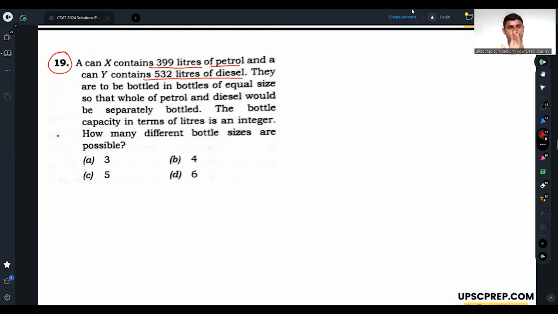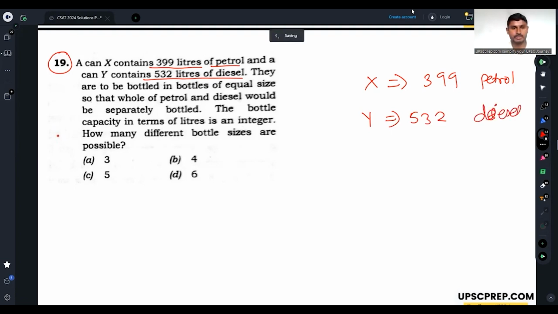A can X contains, जो can X है, it is containing 399 liters of petrol, and can Y is containing 532 liters of diesel. They are to be bottled in bottles of equal size so that the whole of petrol and diesel would be separately bottled.